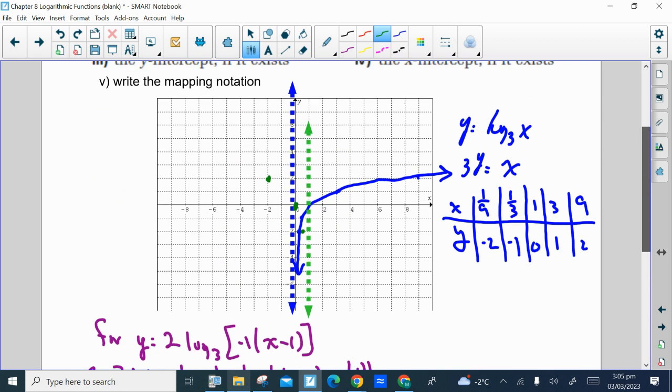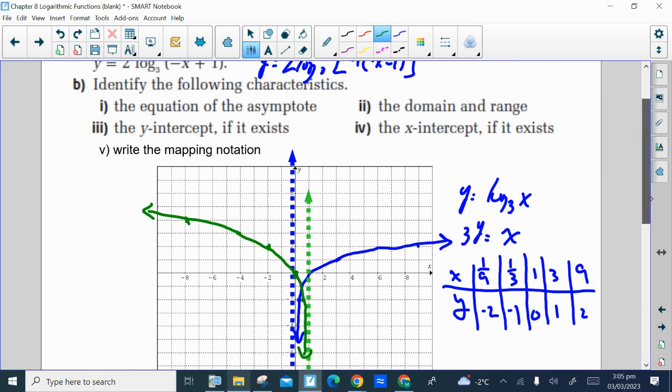And negative 8 comma 4. So there's our new graph.